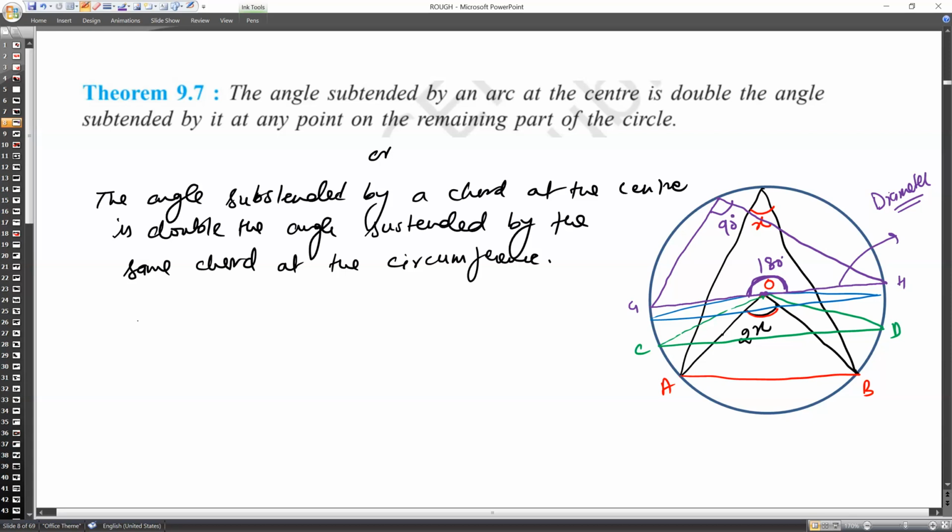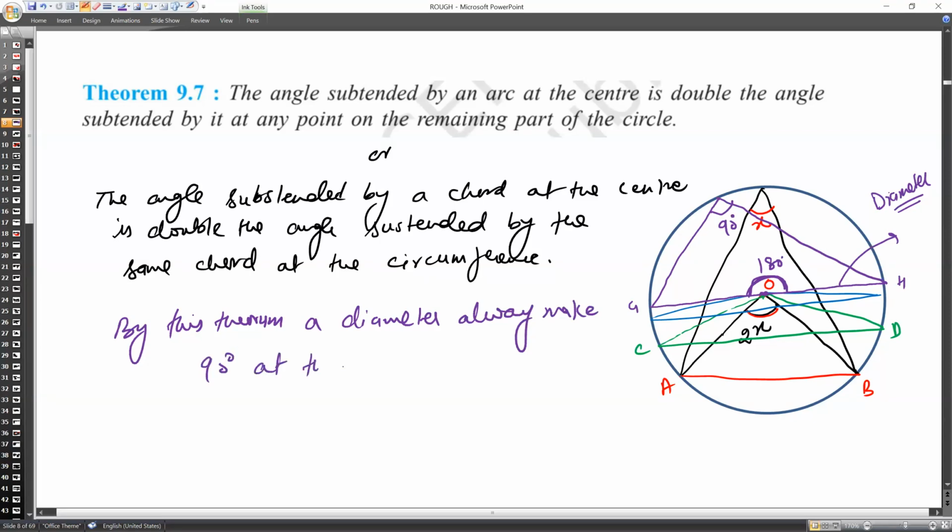So note it down: by this theorem, a diameter always makes a 90 degree angle at the circumference.